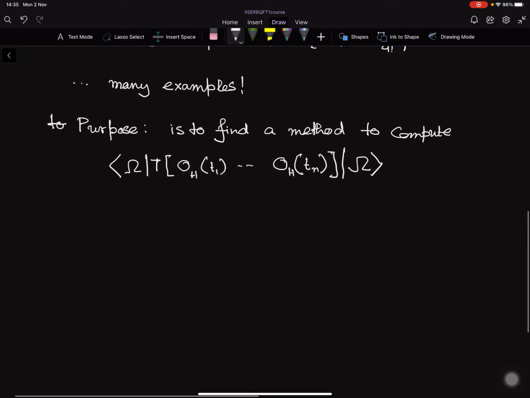Okay, where this is the ground state or the vacuum of the full theory.